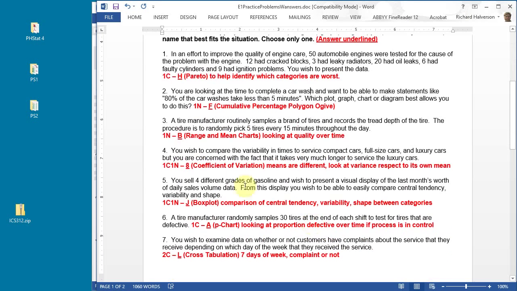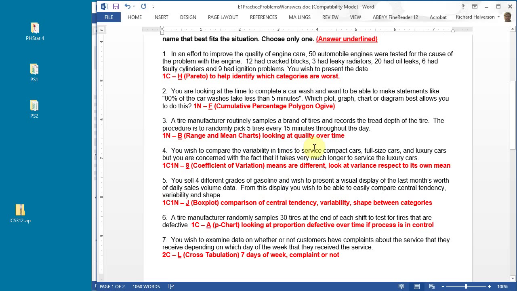The next one is you wish to compare the variability in times to service compact cars, full-size cars, and luxury cars, which are concerned at the fact that it takes much longer to service luxury cars. Okay, so it's a variability question. We've got 3 categories, compact, full, and luxury, and we're comparing the variability in time.